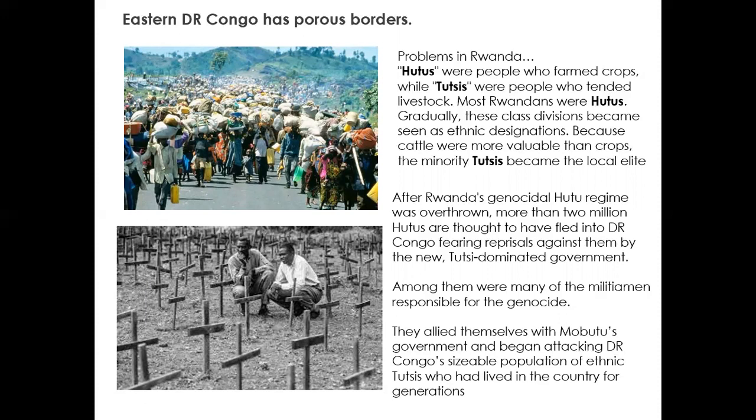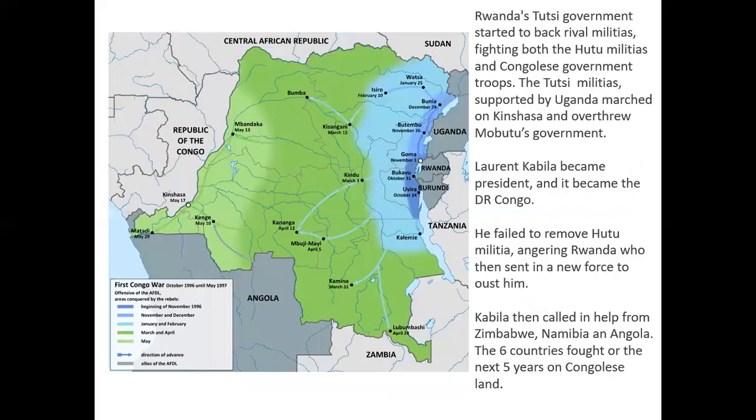So they had brought the problem from Rwanda into the DRC and were now committing the same acts of genocide to those Tutsis living in the DRC. Now, in response to this, the Tutsi government in Rwanda at the time sent forces into the DRC, overthrew President Mobutu, and assigned Laurent Kabila as the new president.